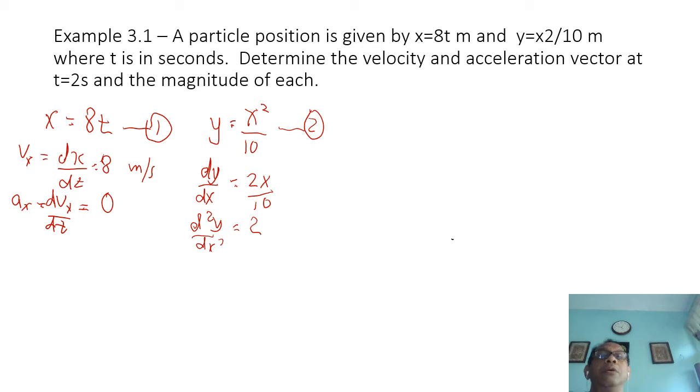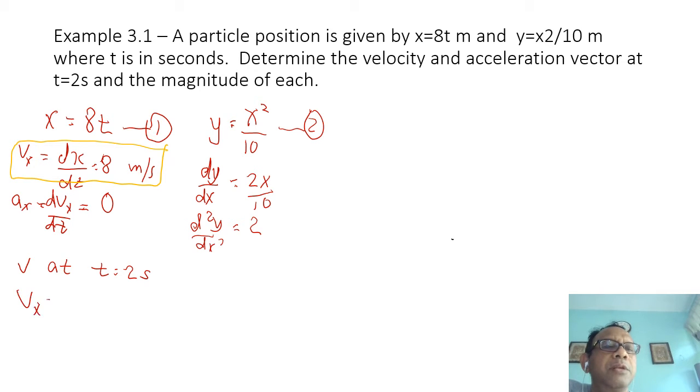We need to find the velocity and acceleration at t equals 2 seconds. So v at t equals 2 seconds: we know what vx is, vx equals 8. We need to find vy. vy equals dy over dt, which is not known directly, but we have dy over dx times dx over dt.